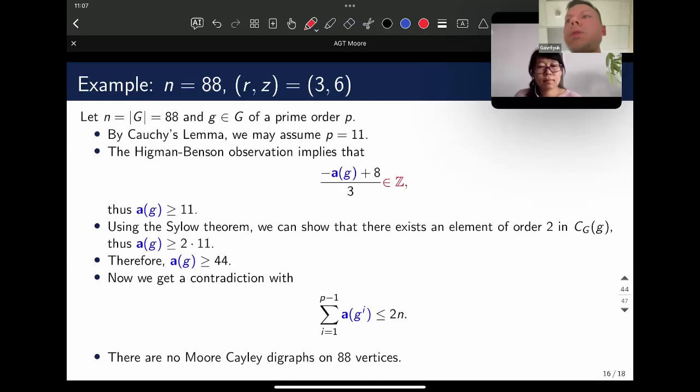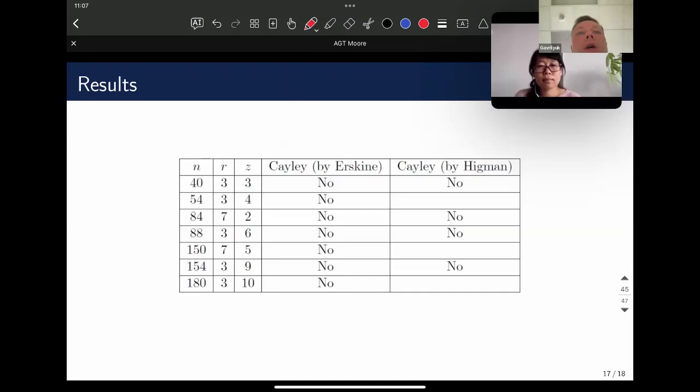Okay, so now let me show you our results. So in this table, you can see the non-existence of Moore Cayley digraphs, which was ruled out by Erskine, and in the last column, you can see the cases which were ruled out by the Higman-Benson observation.